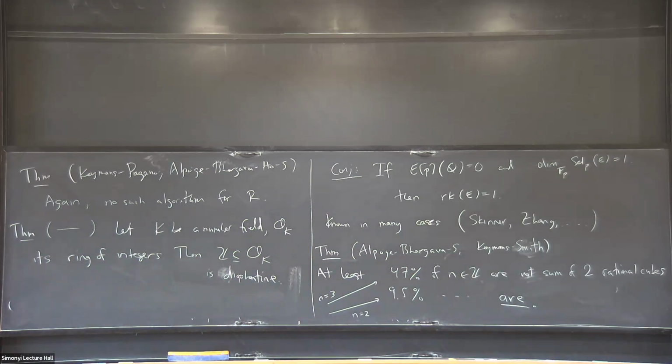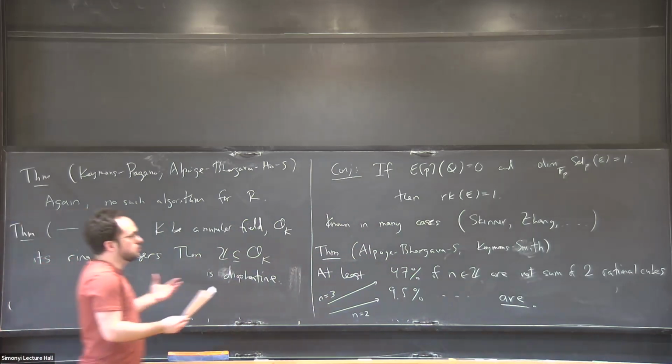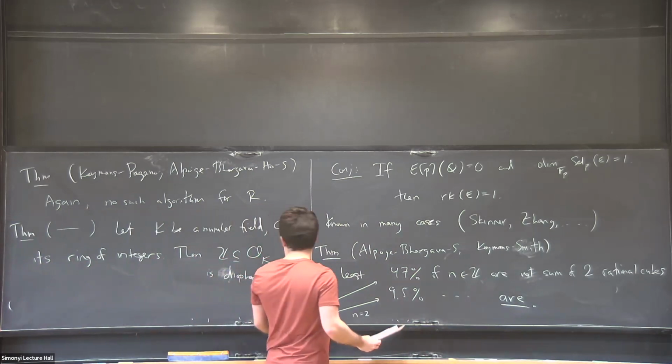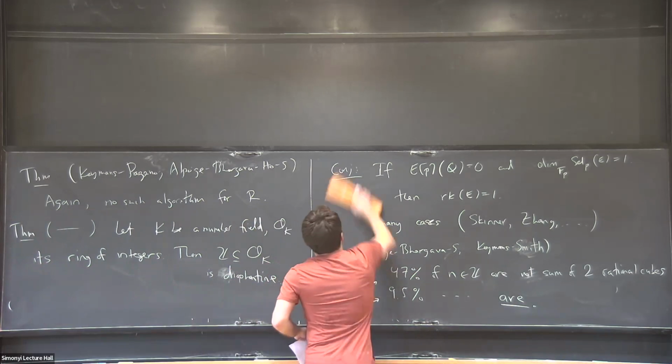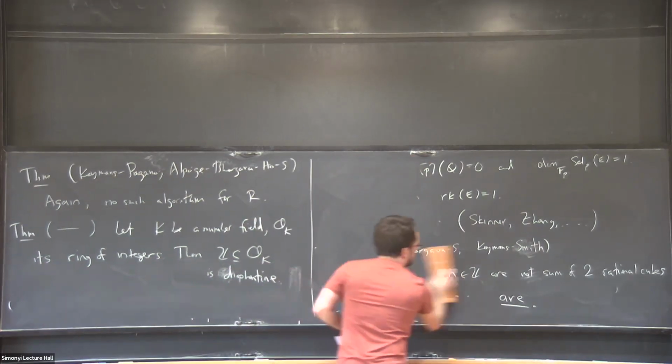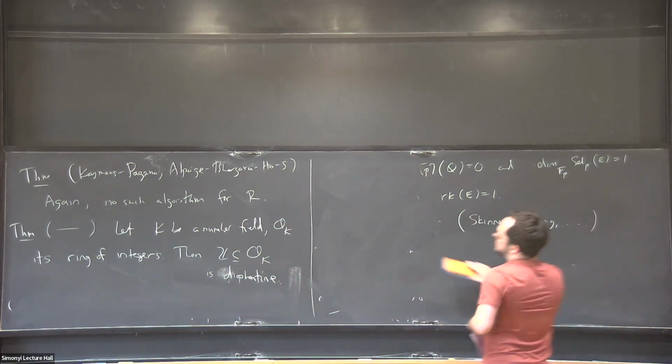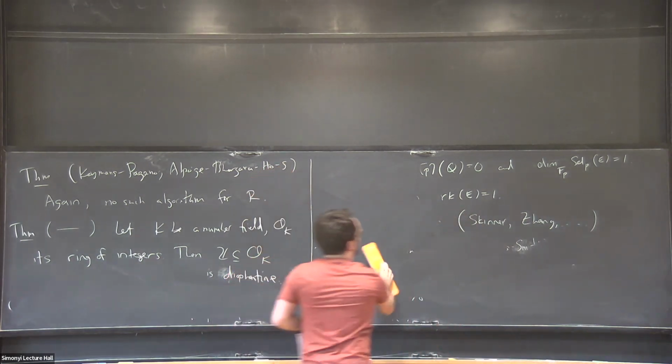Now, in the last 3 minutes, I need to explain what this has to do with Selmer groups or elliptic curves. This question has been worked on for many years.